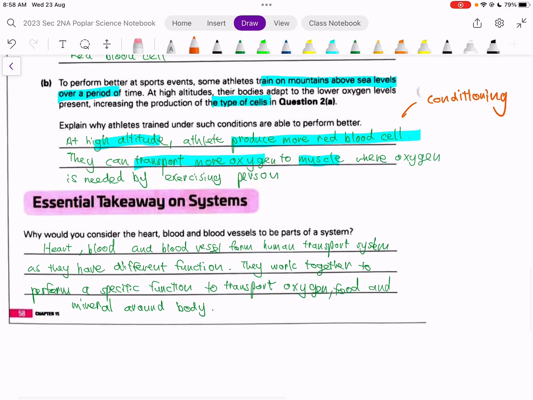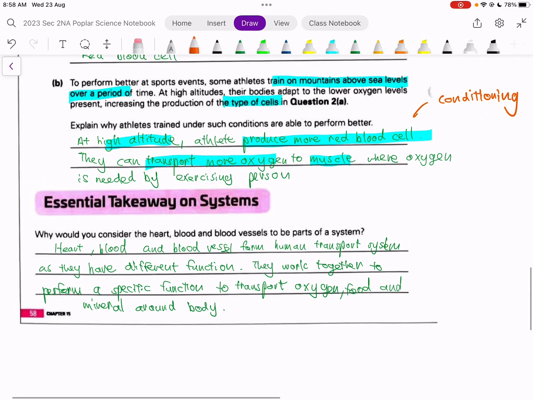Next thing is, why would you consider the heart, blood, and blood vessels to be part of the system?